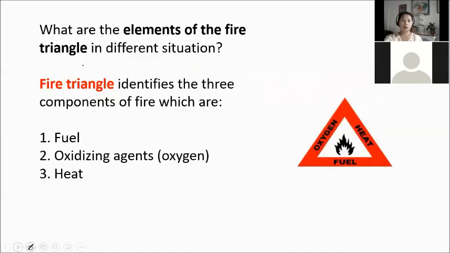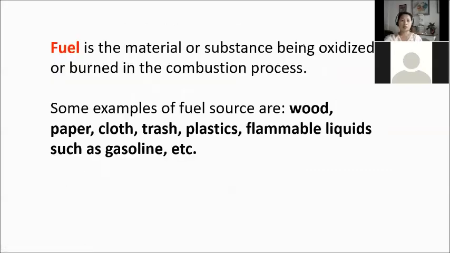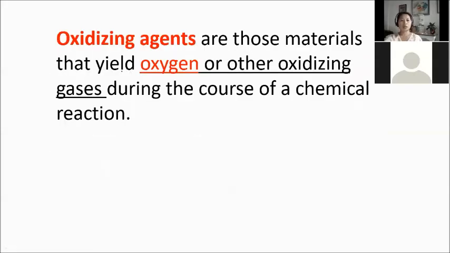So, a fire triangle identifies the three components of fire: fuel, oxidizing agents, and heat. Alam natin what is fuel, no? So, a material or substance being oxidized or burned in a combustible process or combustion process. And oxidizing agents are those materials that yield oxygen or other oxidizing gases during the course of a chemical reaction.